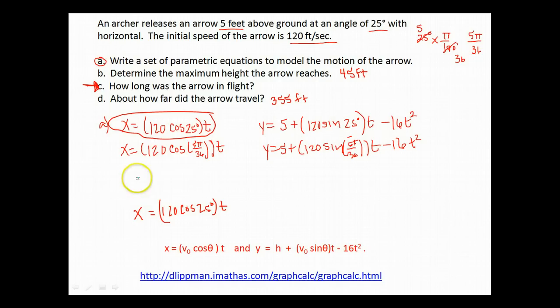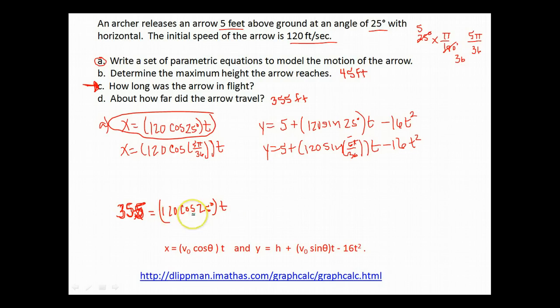How far did it go before it hit the ground? We determined from the graph about 355 feet. So I take my x here and ask, when the distance x was 355 feet, how long would it take to get there, or what would t have to be? We're just going to solve this equation for t. You put your distance traveled here and solve for t.